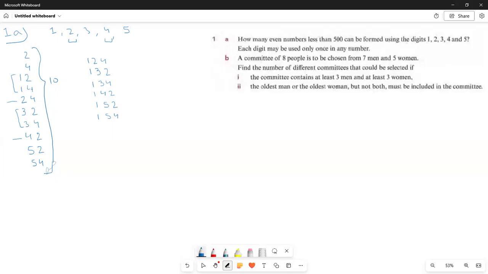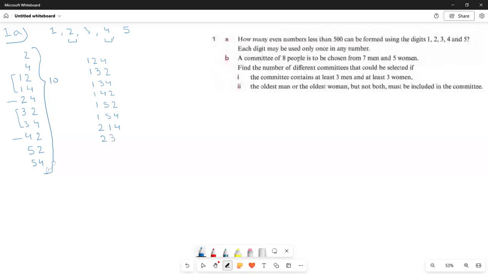Now I cannot make it bigger than 5, so I have to switch this 1 into 2. 2, 1, and the smallest number would be 4 here. Make sense or no? Next, now I cannot go beyond 4, so I have to switch this one. So 2, I cannot make 2, I have to make it 3.